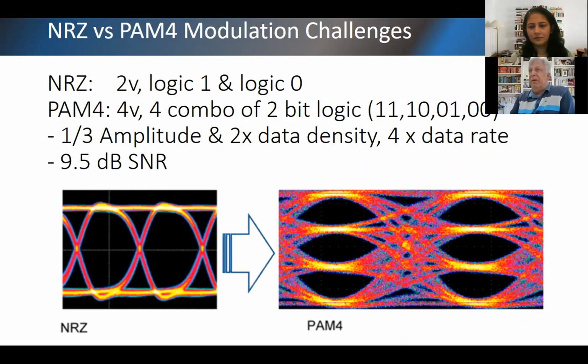So you increase the data rate by 4 times by this new modulation scheme. And once again, some of the trade-offs were that you've got an inherently noisier signal. So you basically have a lower signal to noise, which makes you use FEC, or forward error correction, and it has to be a more robust flavor of error correction.